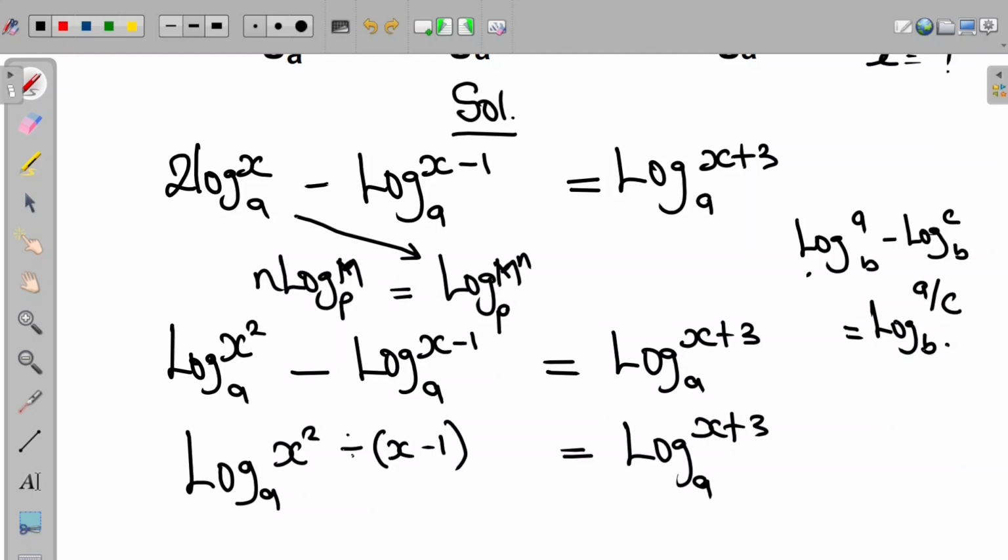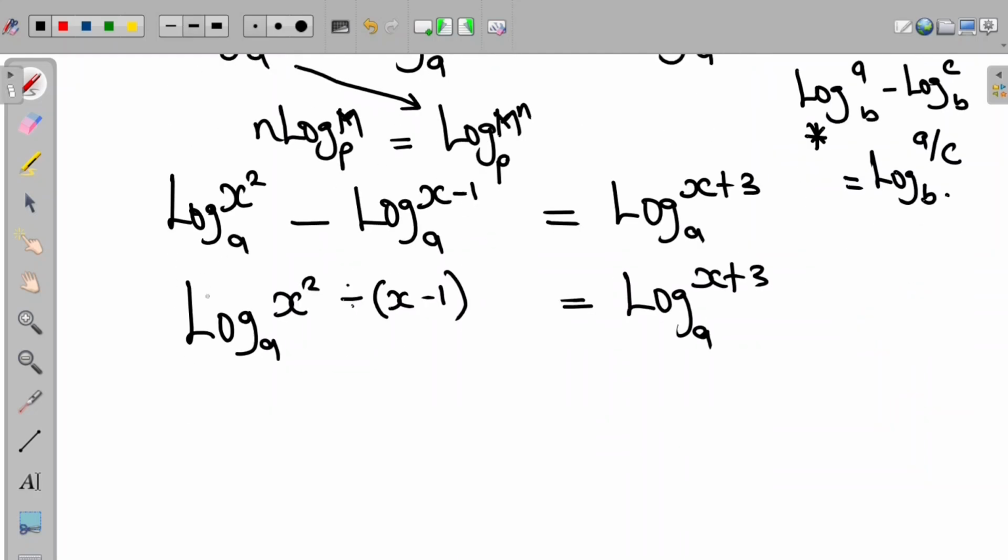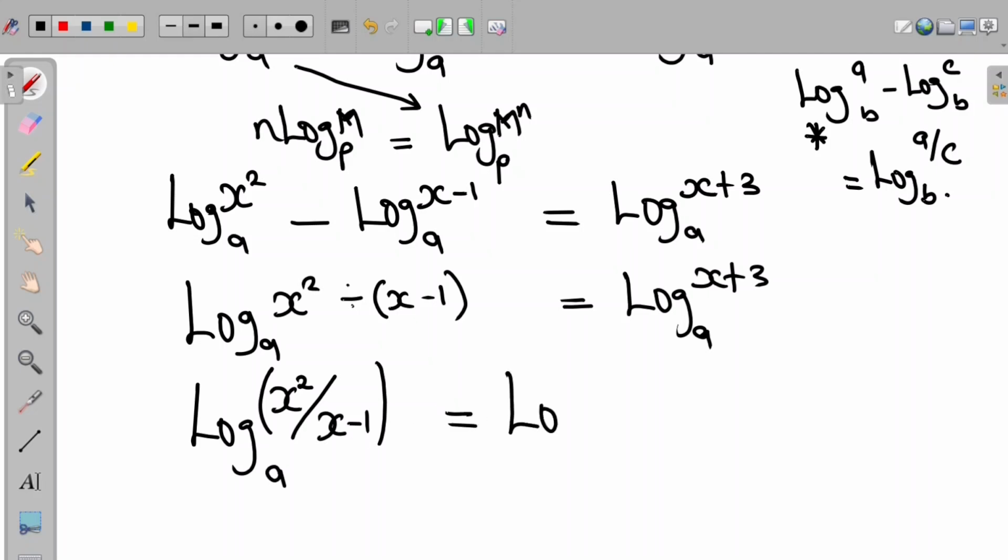So having applied this knowledge to our equation, we can now further say that the equation becomes log x squared divided by x minus 1, enclosed in a bracket, to base a equal to log x plus 3 in base a.